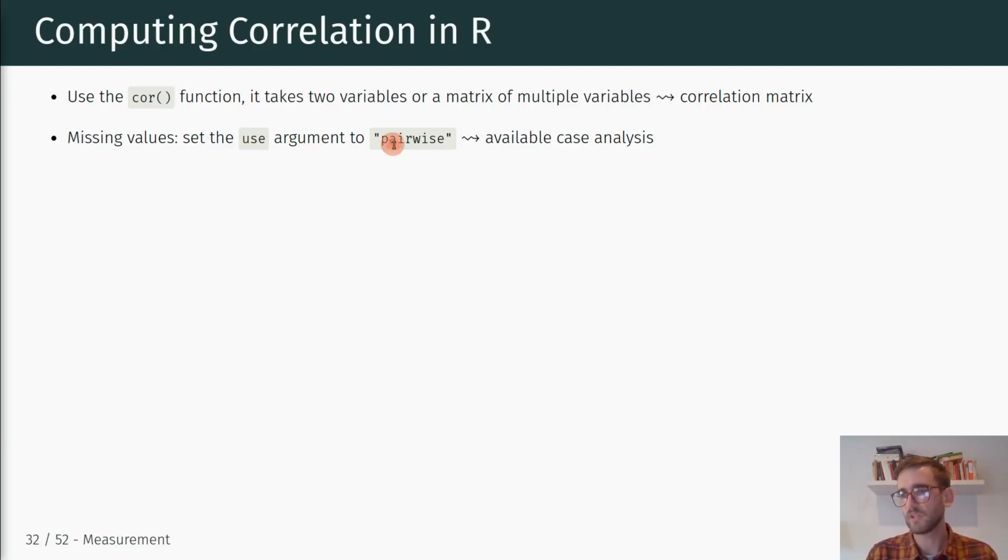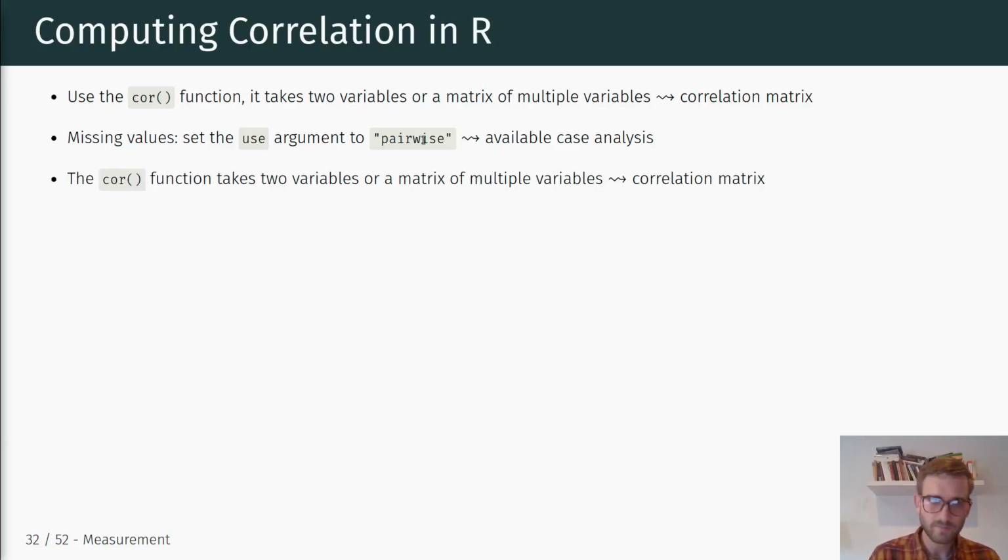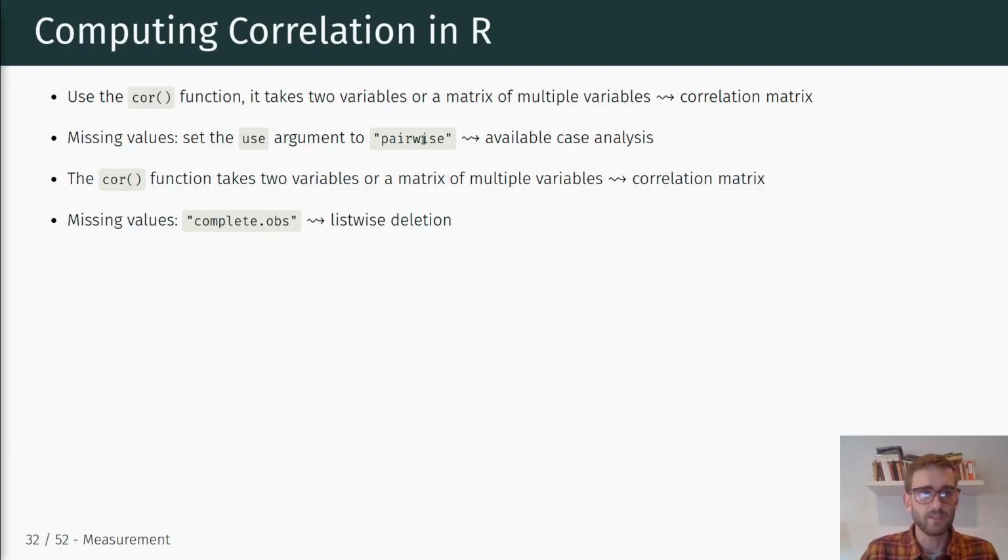If we set the use argument to pairwise, that means we use the available case analysis, which means that when computing the correlation between two variables, we're only dropping observations that have a missing value on each of those two variables that we're considering, and we don't care about missing values on the remaining variables that are potentially included in that matrix. As opposed to using the complete.obs option, which would mean that we're dropping all observations that have a missing value on any of those variables, right?